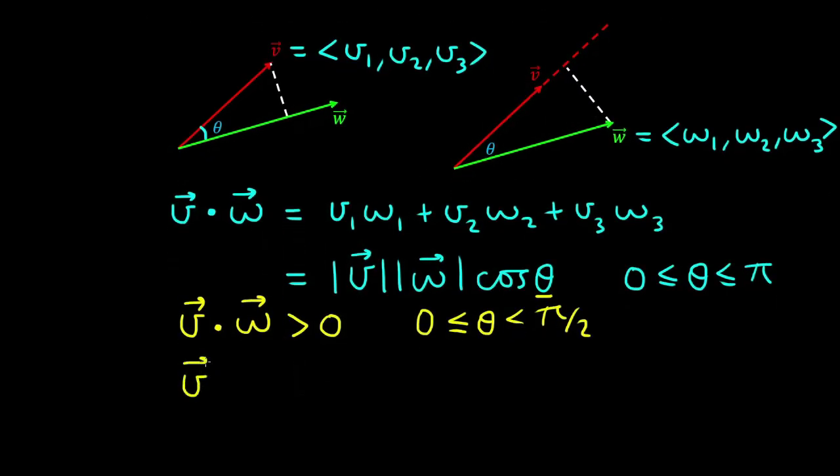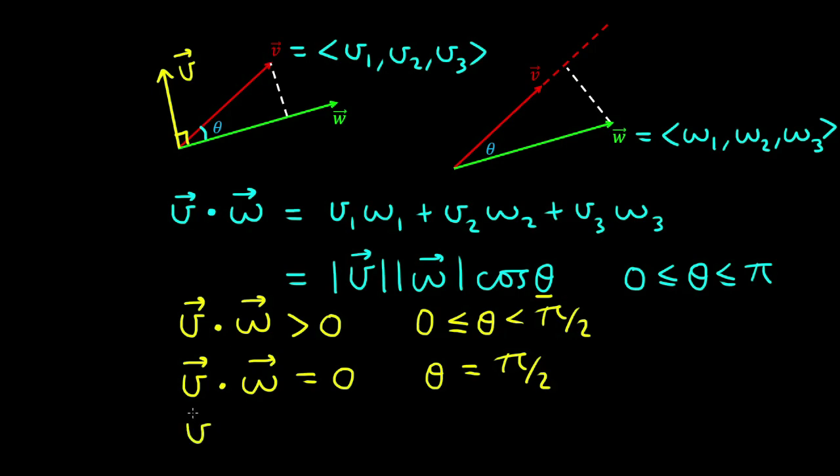Now if the dot product between the vectors evaluates to 0, then theta is equal to pi on 2. So effectively the two vectors would be orthogonal. And if the dot product is smaller than 0, then theta is between pi on 2 and pi radians, or the angle between the two vectors is obtuse.